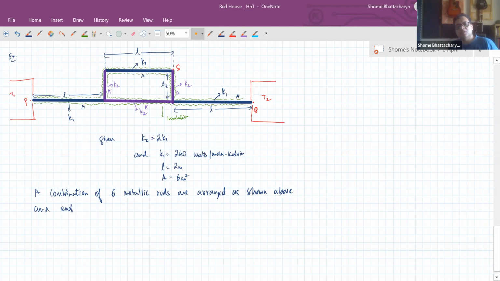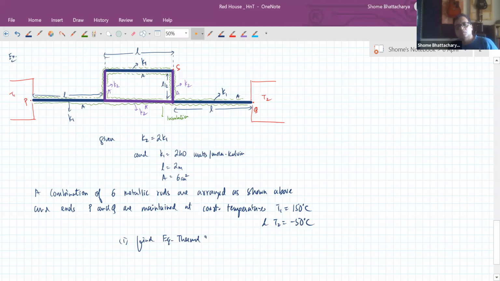And ends P and Q are maintained at constant temperatures T1 equal to, let's say, 150 degrees C and T2 equal to minus 50 degrees C. So first of all, find the equivalent thermal resistance across PQ and find the net delta Q by delta T at steady state, and also we have to find the temperature of the point S at steady state.